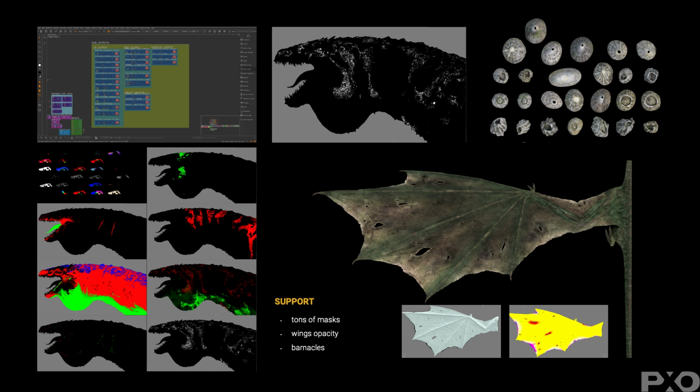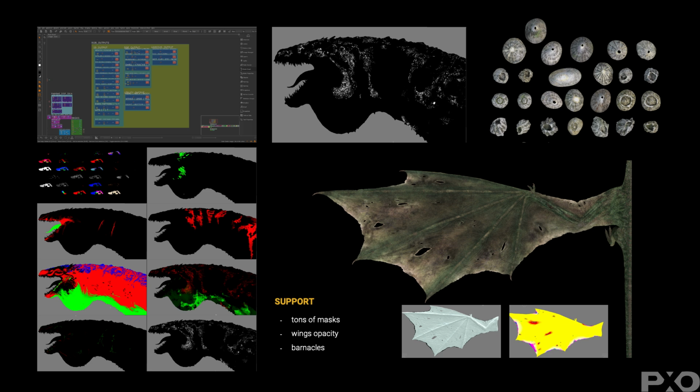Another example is that Vhagar, ecosystem, parasites, and so on, was supposed to have barnacles on her. And these barnacles were supposed to be scattered. In this case, you remember that crust mask, the crust system that I told you about. This crust, which was done before the whole barnacle thing came up, was actually the perfect mask to scatter the barnacles.